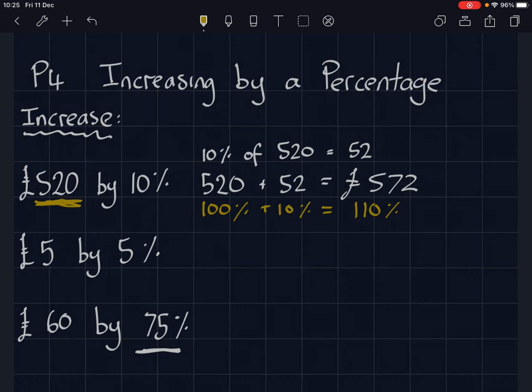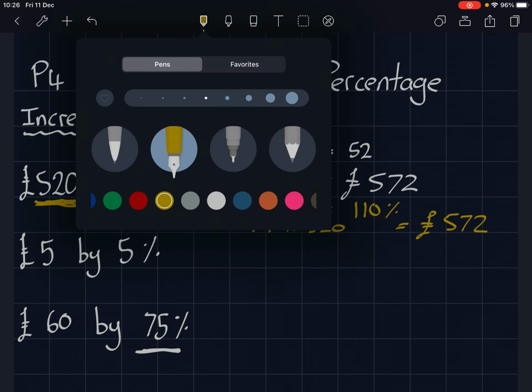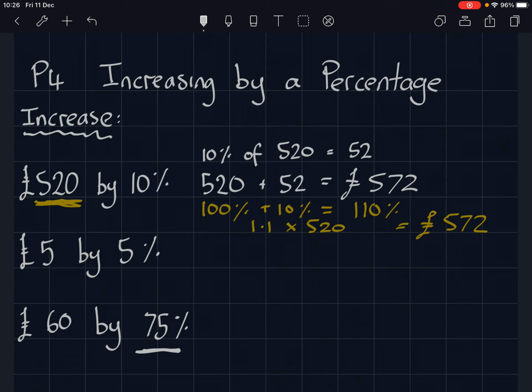So as a decimal multiplier, we divide that by 100 and we end up with 1.1 or 1.10. And if we times that number by our amount, we get the same answer, £572. So if you have a calculator, you can use a decimal multiplier. Let's look at the next problem.